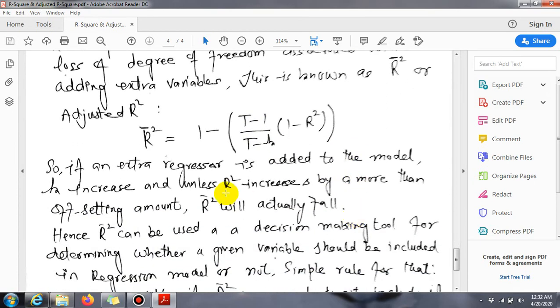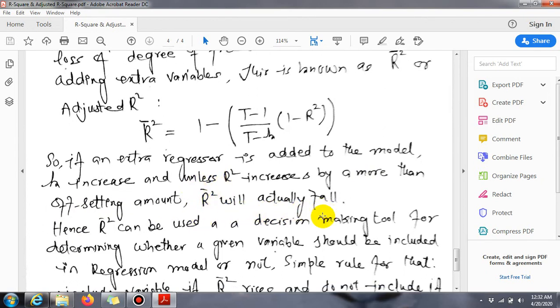So if an extra regressor is added to the model, k increases, and unless R square increases by a more than offsetting amount, adjusted R square, or R square hat, will actually fall.